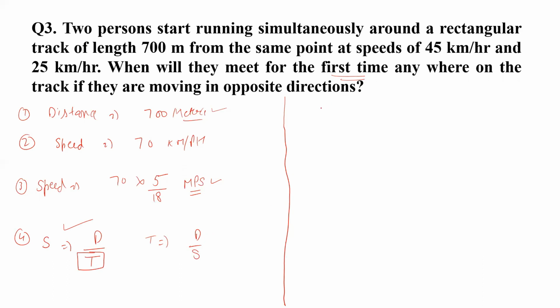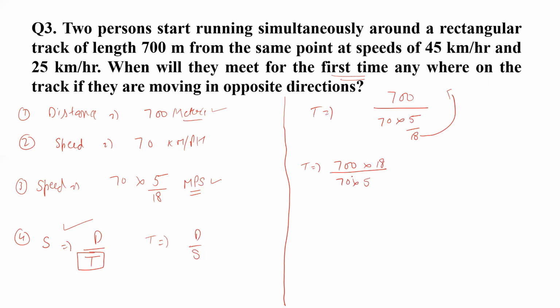So I'm writing here time is equal to distance, this is 700, and the speed is 70 multiplied by 5 divided by 18. So you can take this 18 to the numerator side. So time is equal to 700 divided by 70 multiplied by 5, and 700 should be multiplied by 18.